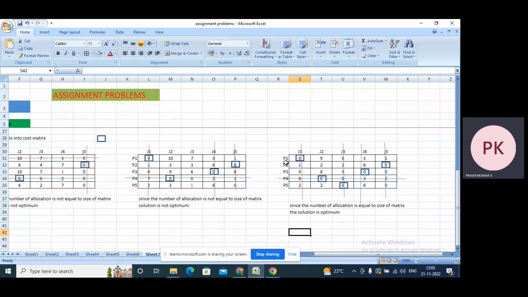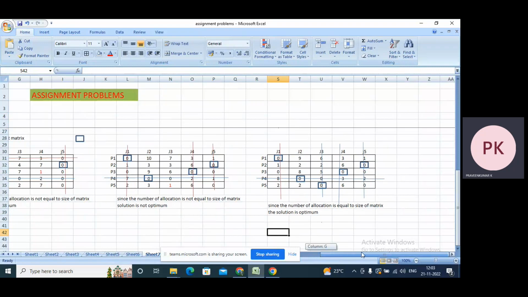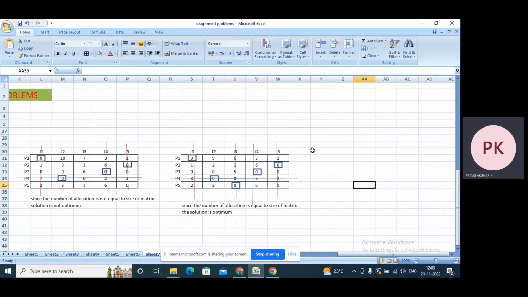So in the next step we need to determine the optimum assignment and optimum cost. Let us see the optimum assignment.